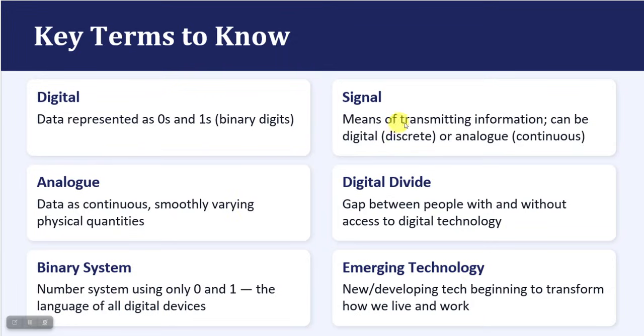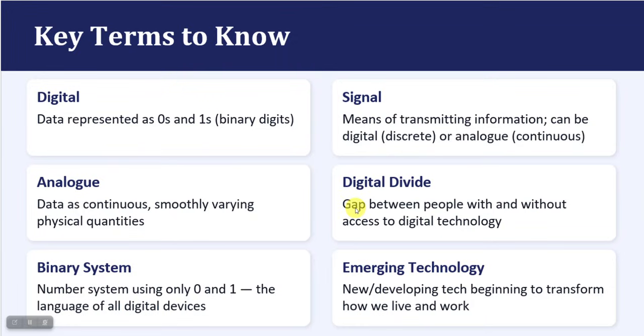Signal is a means of transmitting information and can be digital, which is discrete, or analog, which is continuous. Binary system is a number system using only what? 0 and 1, the language of all digital devices.